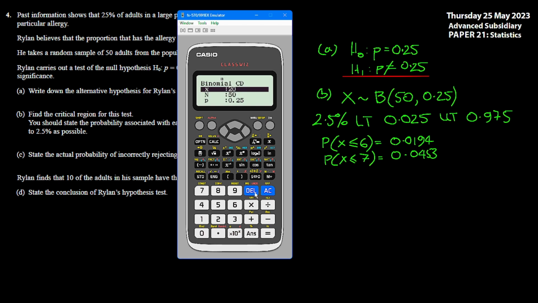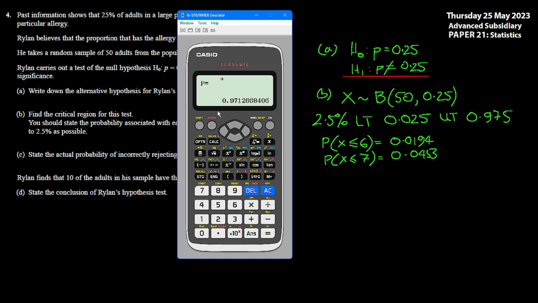Try again. Let's try 19. Still in the critical region, but getting really close. 18. And now we've dropped outside the critical region, 0.9712.